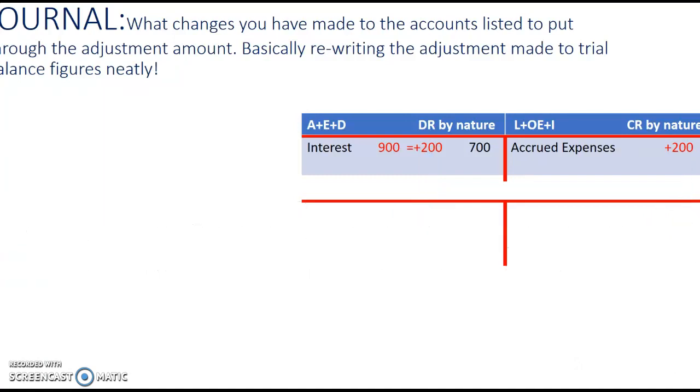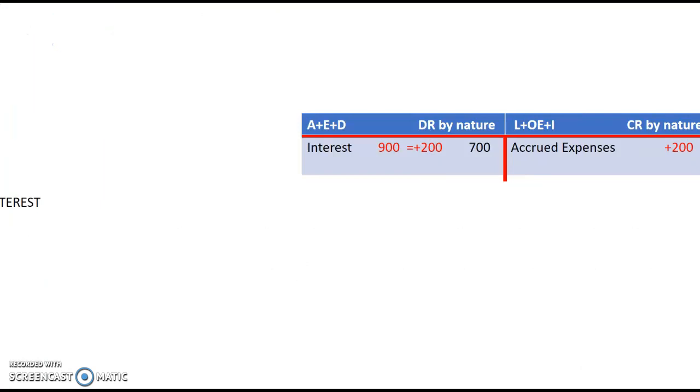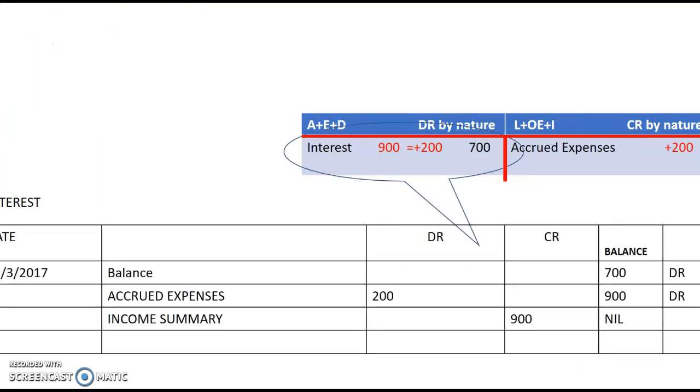The other question they do ask you to do is a general ledger account. And here we go. A general ledger account is a separate thing altogether. And basically a general ledger just says, can you tell me the story of what's gone in under that account name?